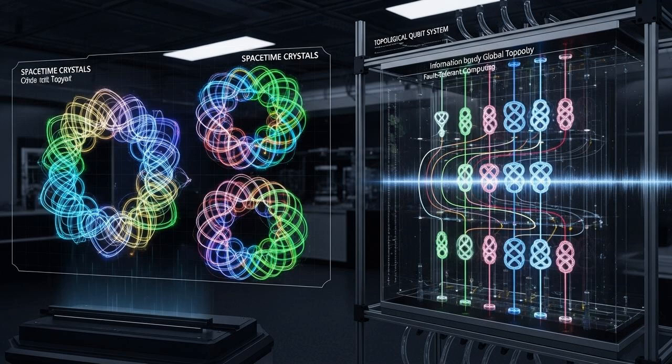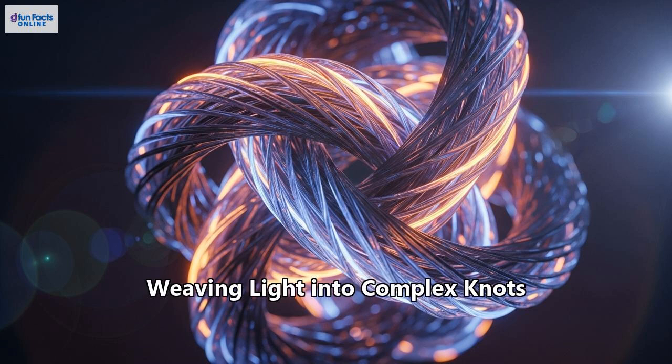So, from Lord Kelvin's flawed 19th century vision of vortex atoms, we've arrived at the cutting edge of 21st century physics. We've learned to treat light not just as a wave or a particle, but as a building material we can weave into intricate, robust structures.